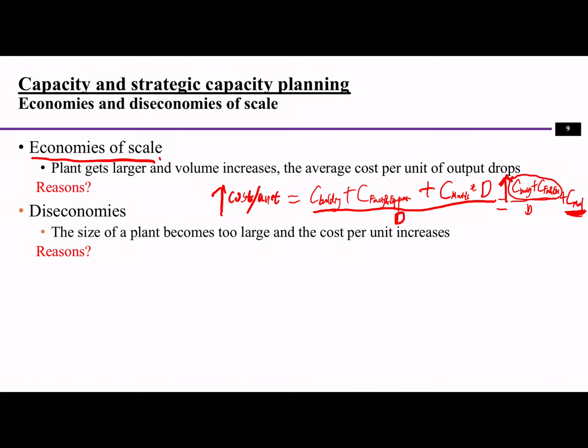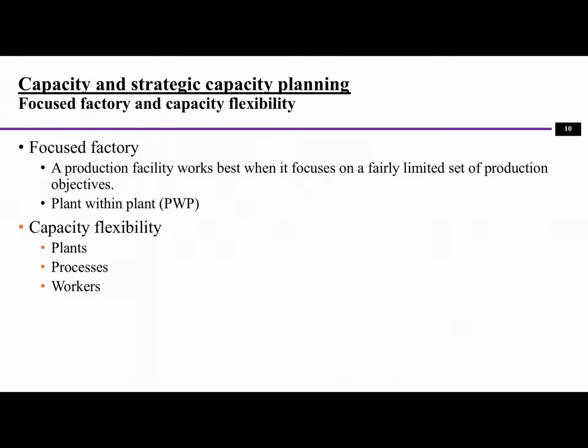So this is why they call it the economies of scale, and diseconomies. You can tell from this equation.